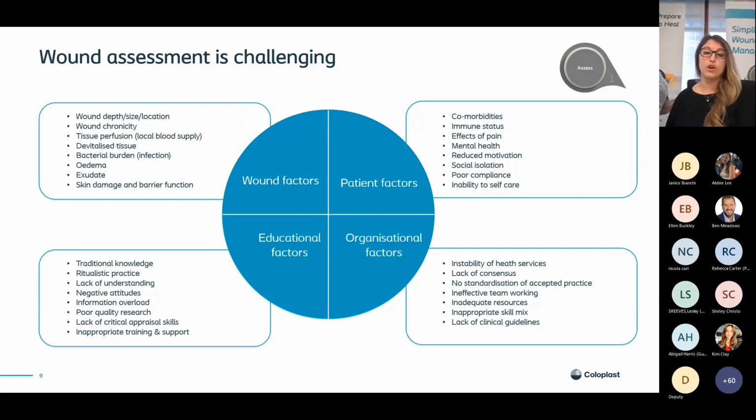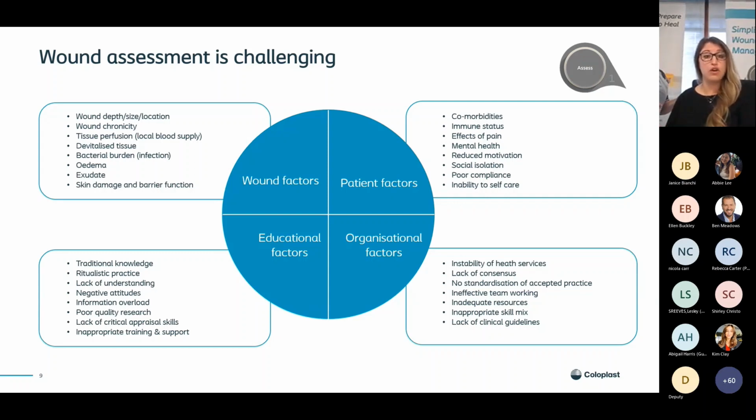We look at educational factors, look at traditional knowledge and ritualistic practice, and that comes from a lack of education in wound care. There are often quite negative attitudes towards wound care. So we, as wound care nurses and specialists, don't have that backing like you do with diabetes and obesity and having that consultant-led team.